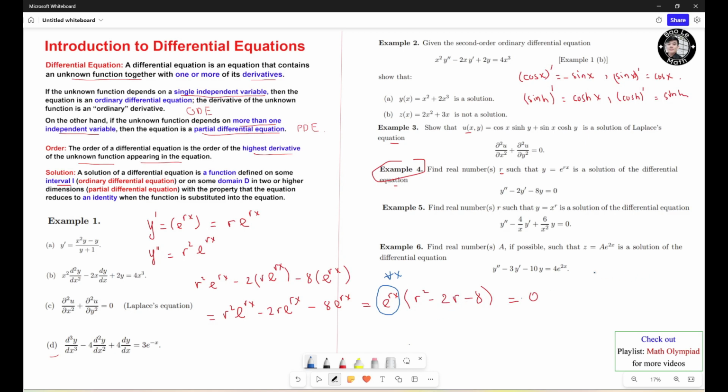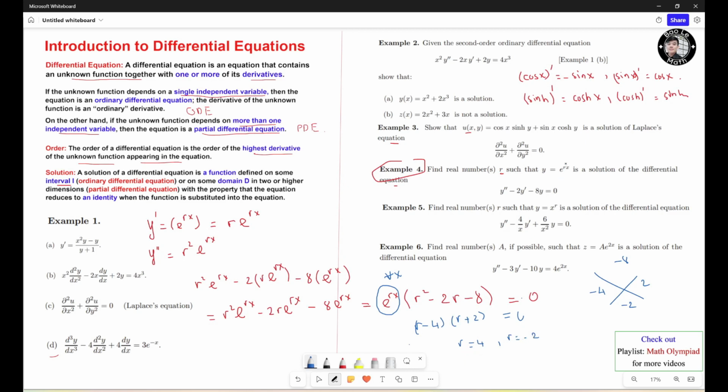Find two numbers that multiply to negative 8 and add up to negative 2. It should be negative 4 and 2. So we have r minus 4 times r plus 2 equals 0. So two values are r equals 4 and r equals negative 2.